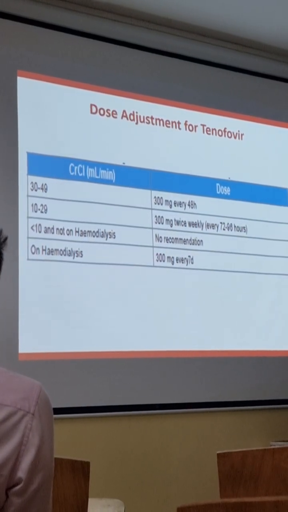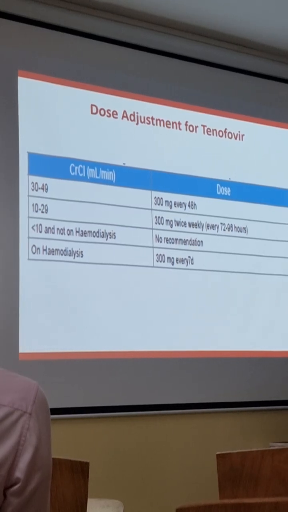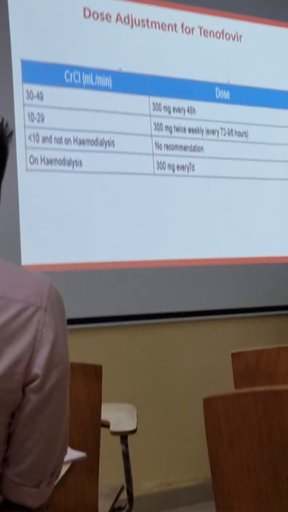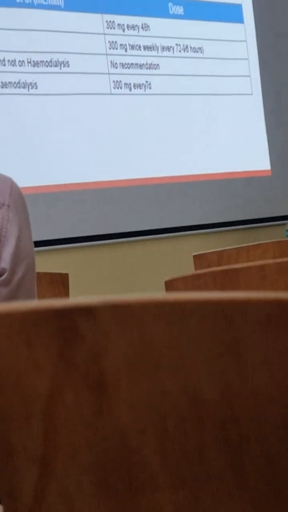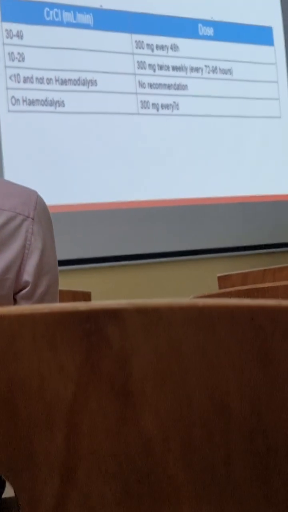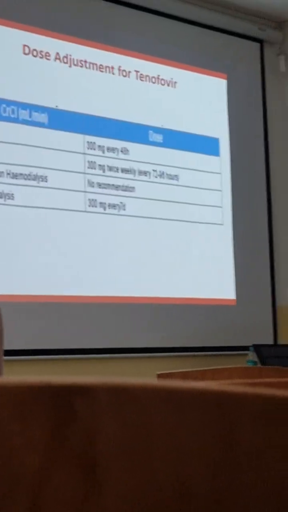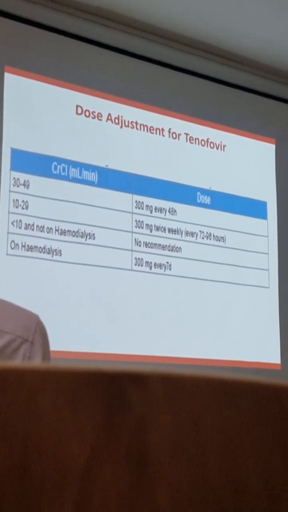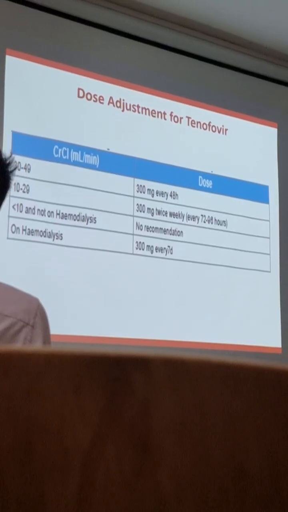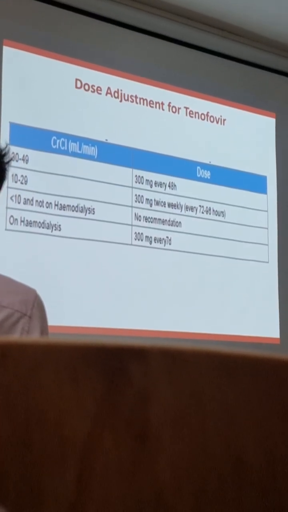If the patient is on hemodialysis, okay. If the GFR is 30 to 49, you give 300 milligram of tenofovir every 48 hours. If the GFR is in the range of 10 to 29, you give 300 milligram twice weekly. If the GFR is less than 10 and not on hemodialysis, we do not treat.